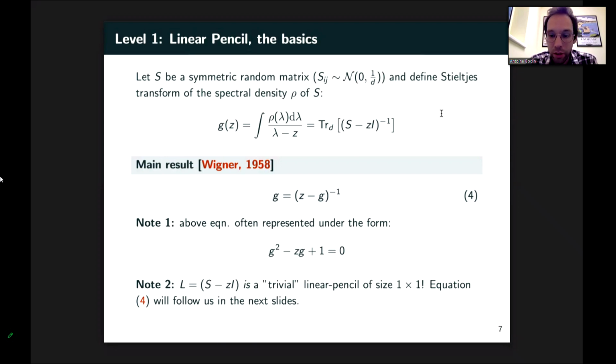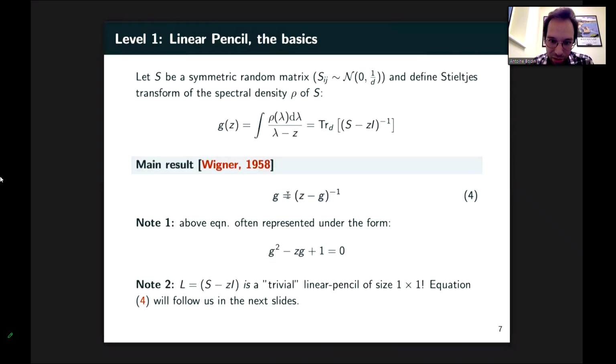And maybe the simplest result that we have in random matrices is the one from 1958, where you can characterize the Stieltjes transform of the spectral density of a symmetric random matrix. This is usually given in the form that you can see in the middle in blue: g squared minus zg plus 1 equals 0.